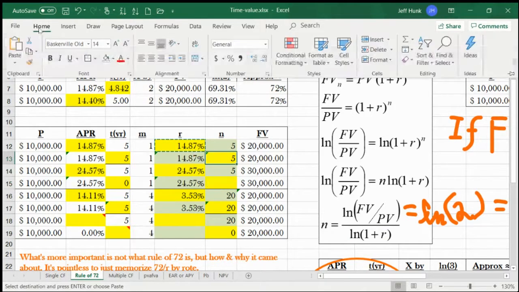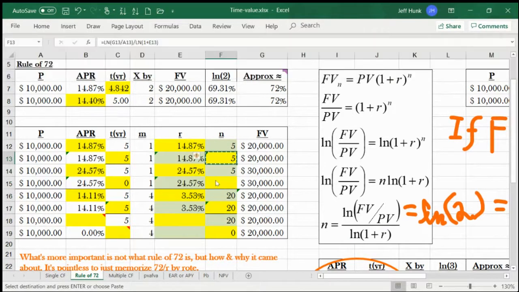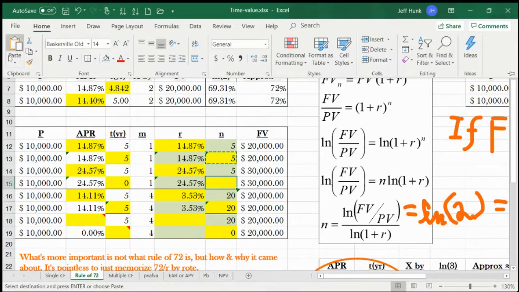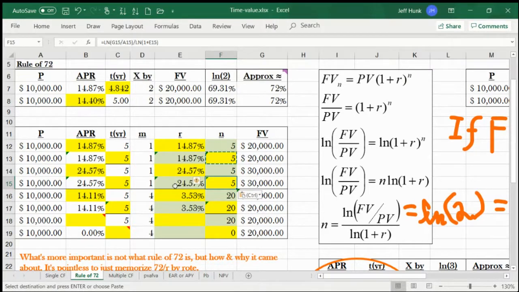Again, copy this, paste here. So you want to triple your money in 5 years. The interest rate that will take you there is 24.57%. And if the prevailing market rate is 24.57, it will take you 5 years to get there. But then think about it.